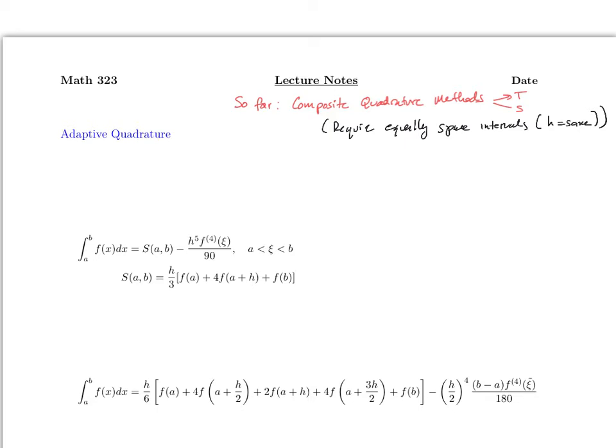Now, that could be particularly bad for something like this. Let's say you have a graph that looks something like this. So you can see here that you use equally spaced intervals, where the value for h is the same. This approximation is not going to be as good as this one.